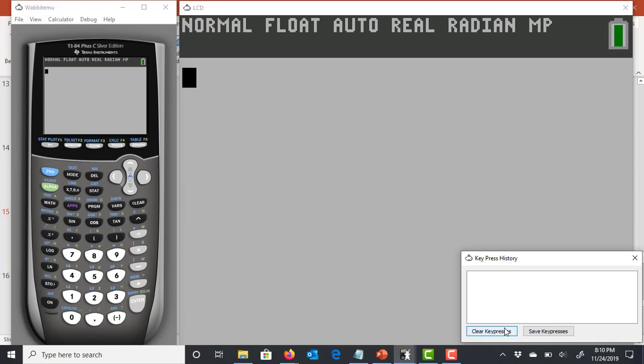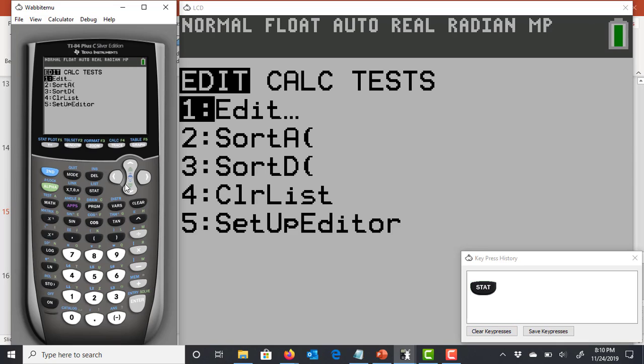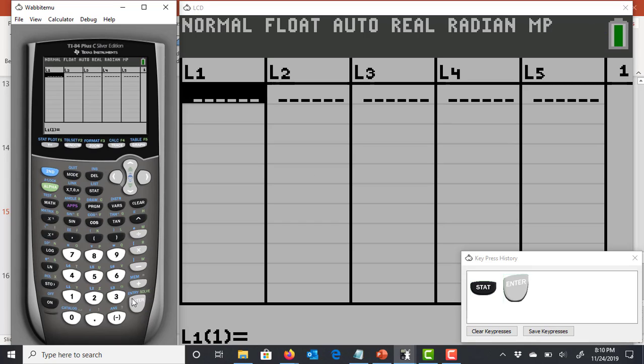do the calculations on a calculator nicely by going into the stat menu in here and clicking on edit. And on here, we could create a whole bunch of lists.